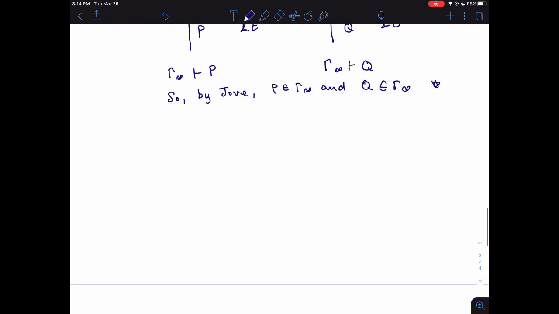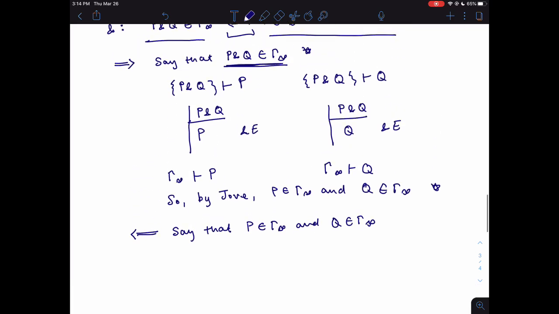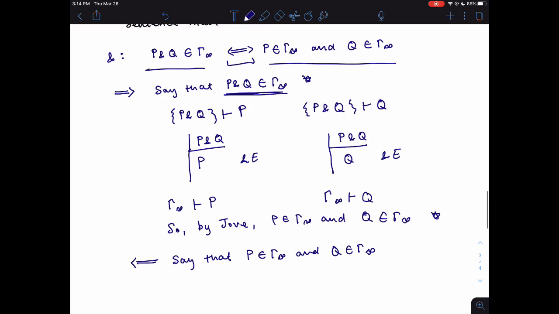Now we have to do the other direction. So we point the arrow in the other direction, and now we assume that P is a member of gamma infinity, and Q is a member of gamma infinity. So that's our antecedent now, and we want to get to the claim that P and Q is a member of gamma infinity.